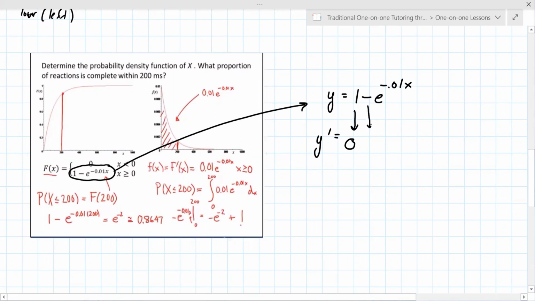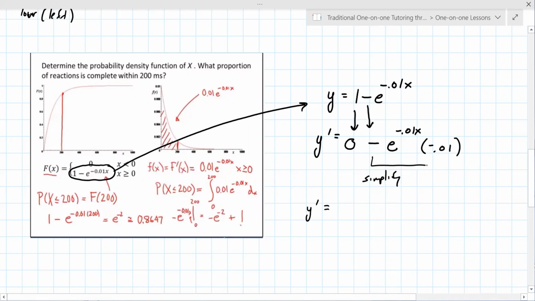This subtraction has to come down. And it's just like we did before. It's e to the minus 0.01x times the derivative of the inside part, which is minus 0.01. Okay, so then you can simplify a little bit if you want.